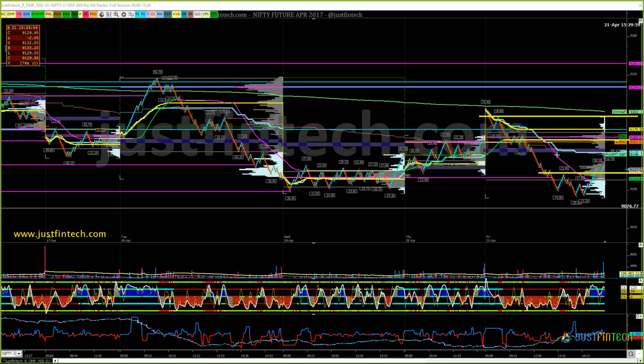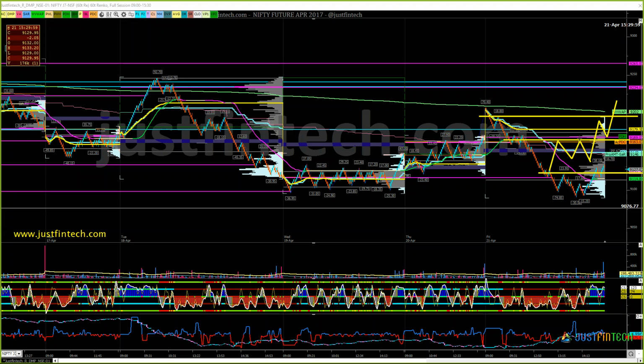So expecting open somewhere into this range, and if it does an open drive and pushes through this 9170, then it might retest and continue its move up above the 9200 zone.